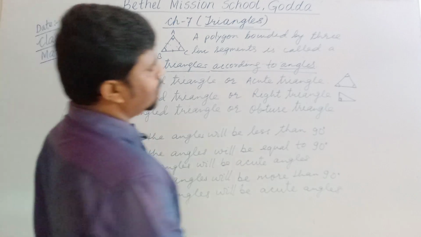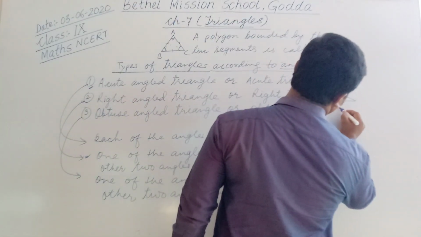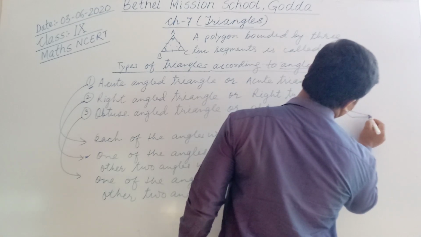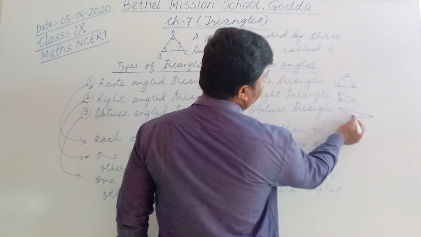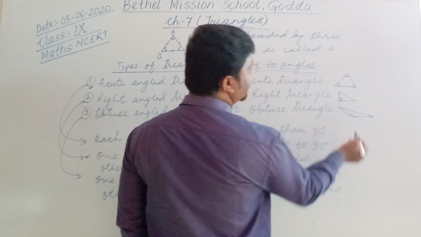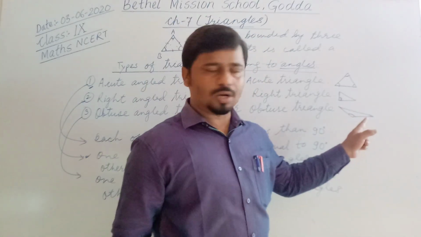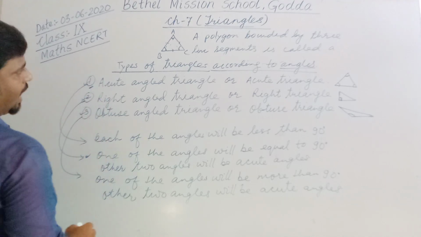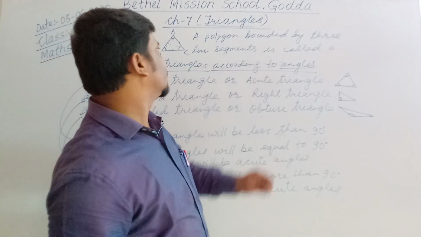Understand? So this type of triangle is called obtuse triangle. You can see the figure will be like that. So these are three types of triangle according to angles.